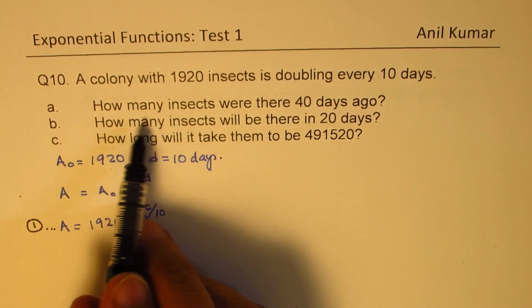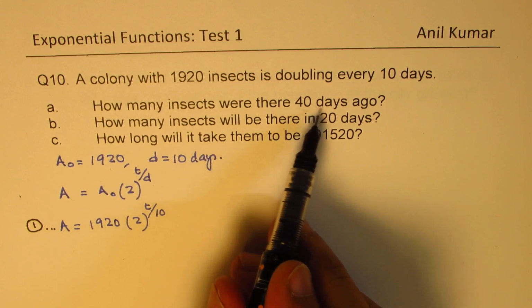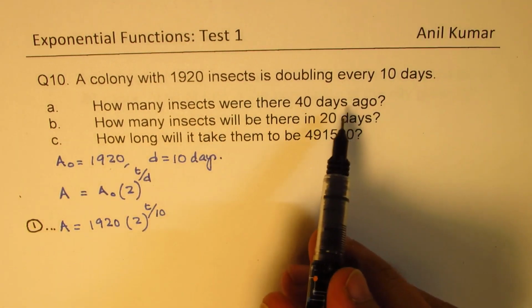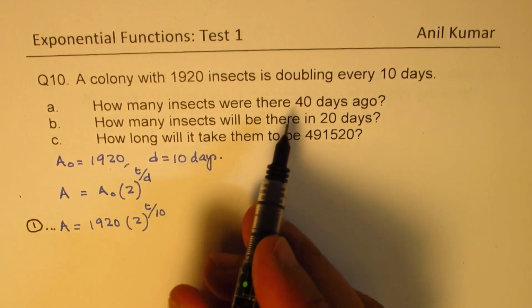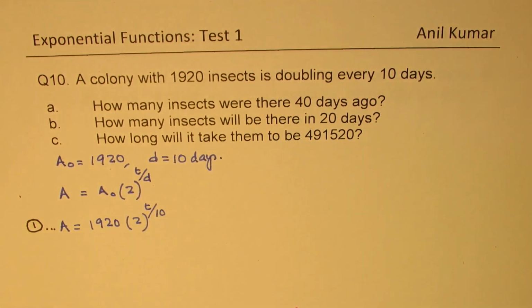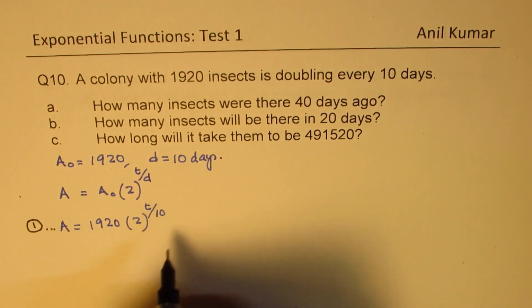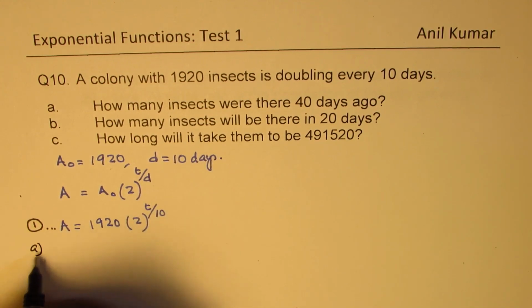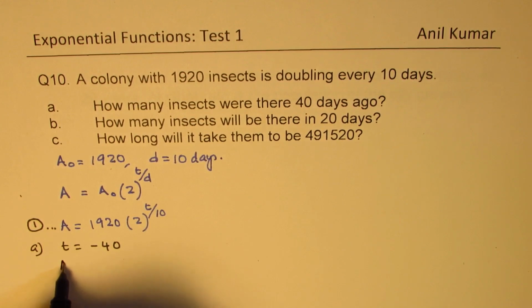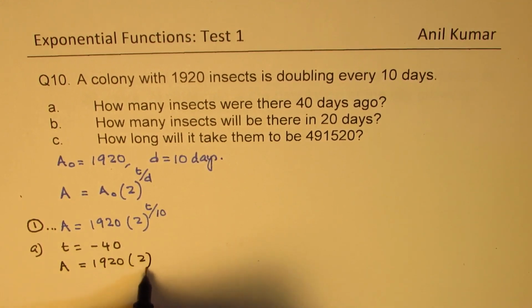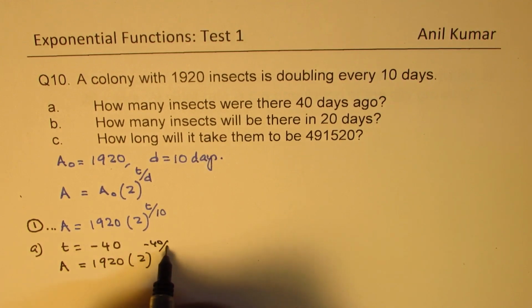So the first question is, how many insects were there 40 days ago? Now 40 days ago means time is minus 40. Is that clear to you? 40 days ago, right? So part A, T is equal to minus 40. So we have to find the value of A. So A will be 1920 times 2 to the power of minus 40 over 10.